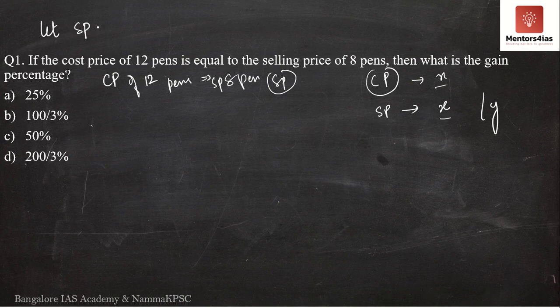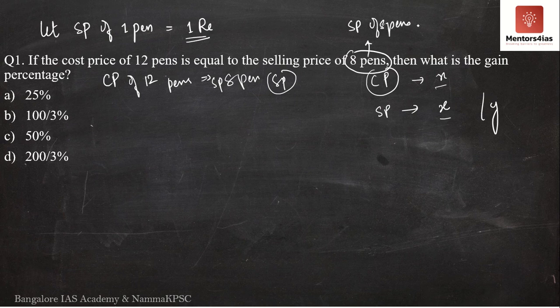Let the selling price of one single pen be equal to 1 rupee. So if the selling price of one pen is 1 rupee, then the selling price of 8 pens will be equal to 8 rupees.